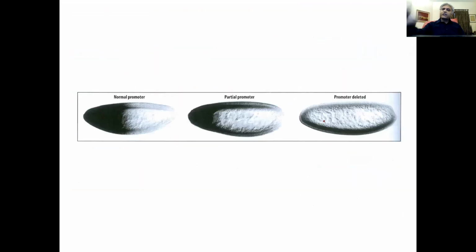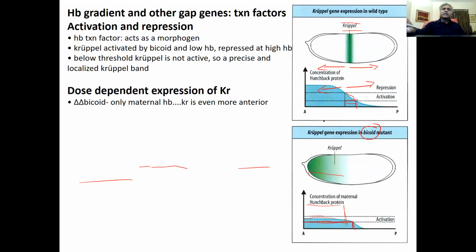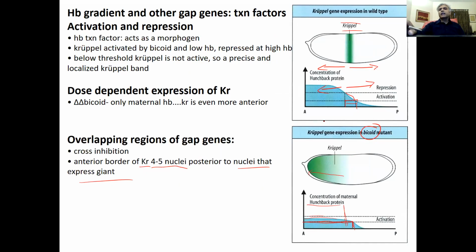So it is that discrete, it's not just some random effect. Development is a very serious business. Development is very precisely engineered. When it says 4 to 5 nuclei, it is 4 to 5 nuclei.